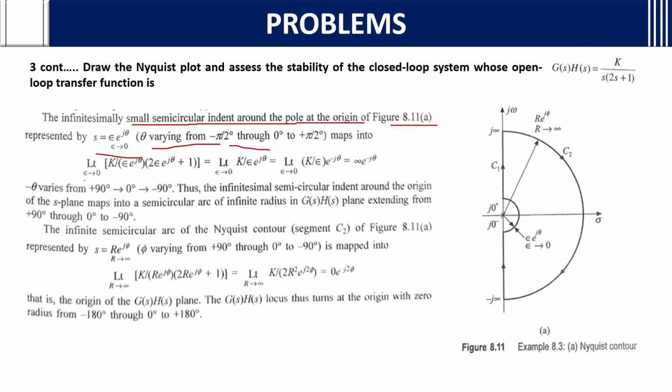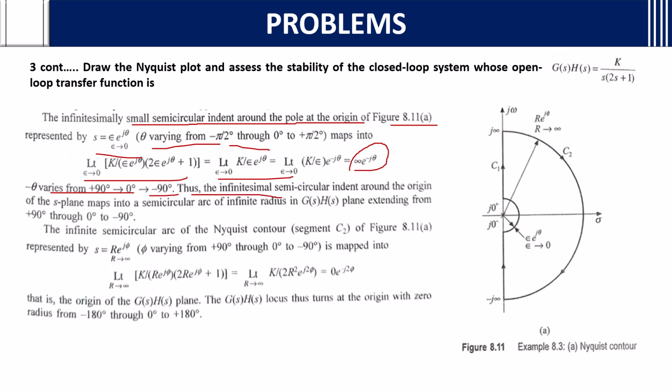It maps into, with the limit of the variable tending to 0, K by e power j theta into 2 e power j theta plus 1. So the limit is K by e power j theta. If you substitute this, finally you will get infinity into e power minus j theta. So minus theta varies from plus 90 degree to minus 90 degree.